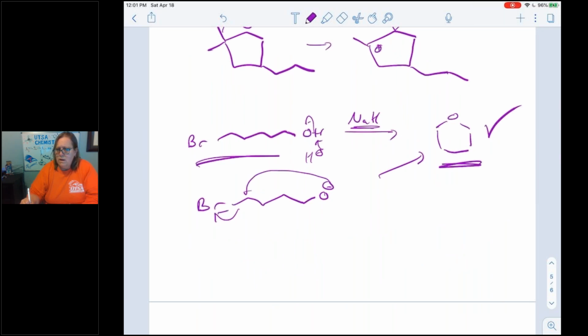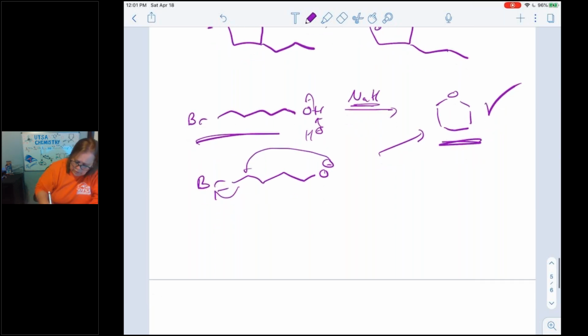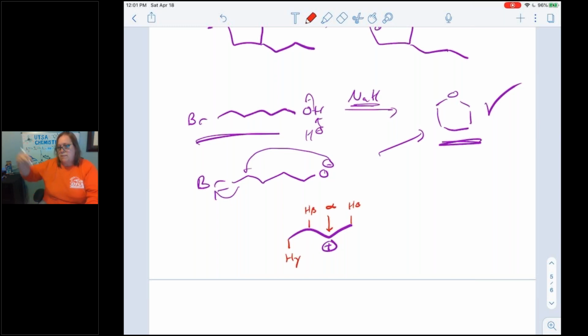Okay. All right, so what classifies a hydrogen as a beta as opposed to an alpha hydrogen? Okay, so we saw this last time. If I have a carbocation here, this carbon is referred to as my alpha carbon. It's just the way we call it. And then as I move over, I go alpha, beta, and then here I would even have a gamma proton. But alpha, beta, gamma, delta, and so on.